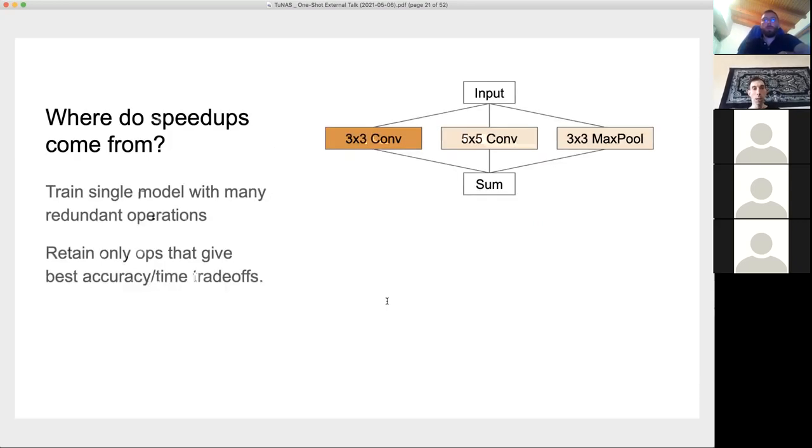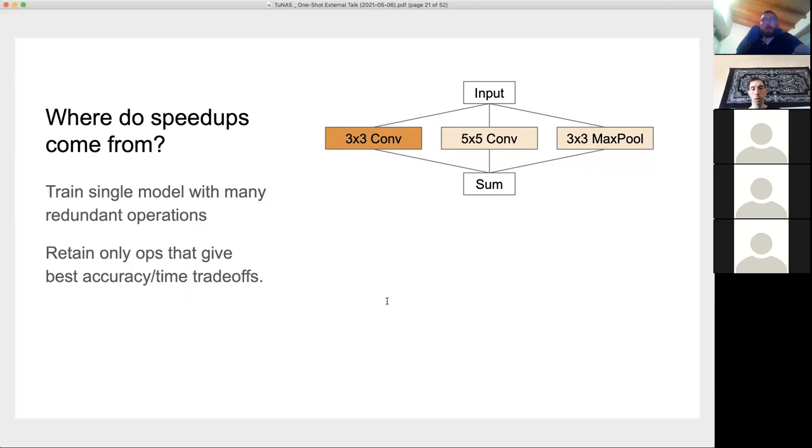So what's the idea here? Let's take a very simple example. Let's suppose that we want to choose between applying a 3x3 convolution, a 5x5 convolution, or a max pooling layer at a particular position in the network. Naively, what we could do is to train 3 different networks, one with each possible operation, and then see which one has the best accuracy.